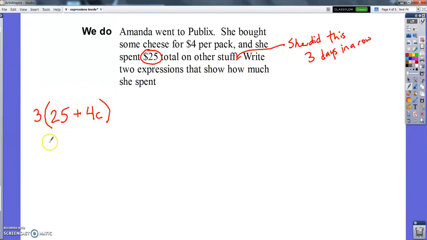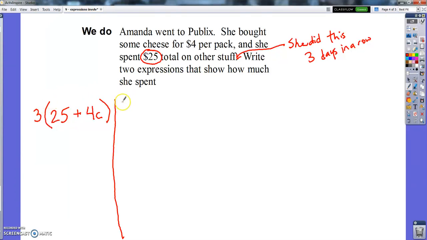That's form number 1. So we want 2, right? So let's explore some ways we can get rid of these parentheses with the distributive property. So I'm going to show you 3 different ways to do it like I did last time.